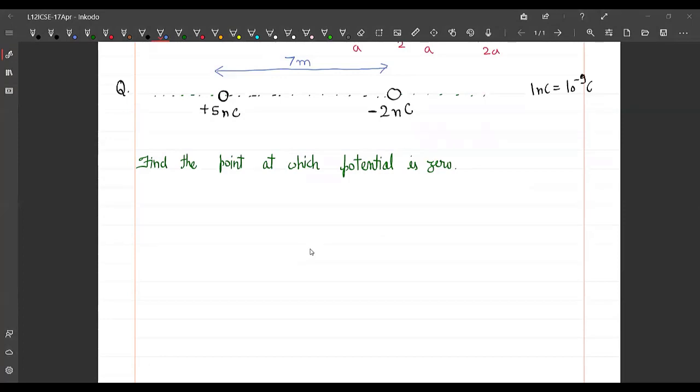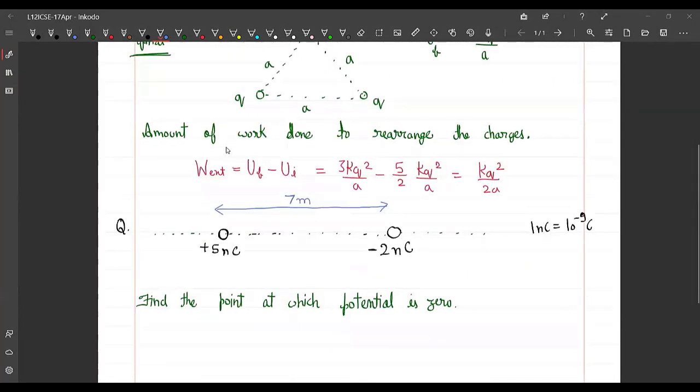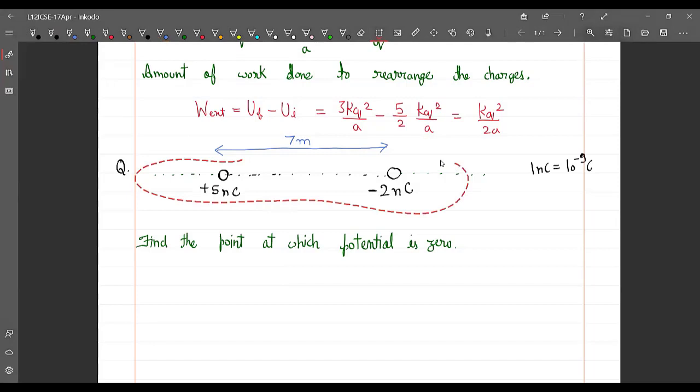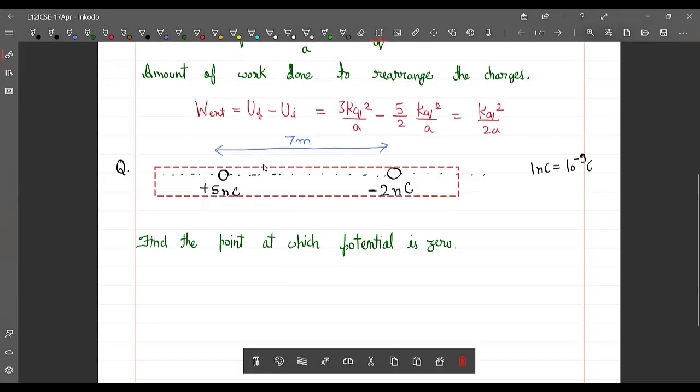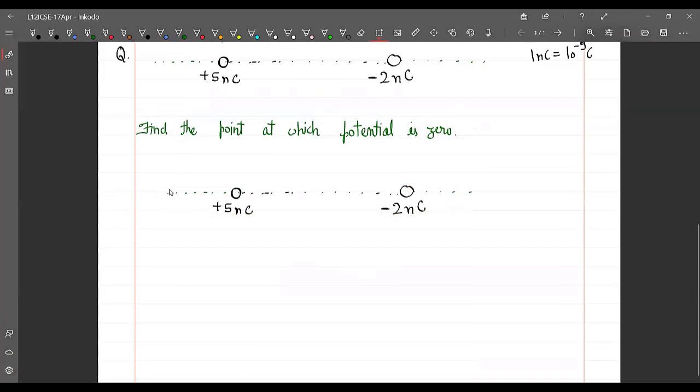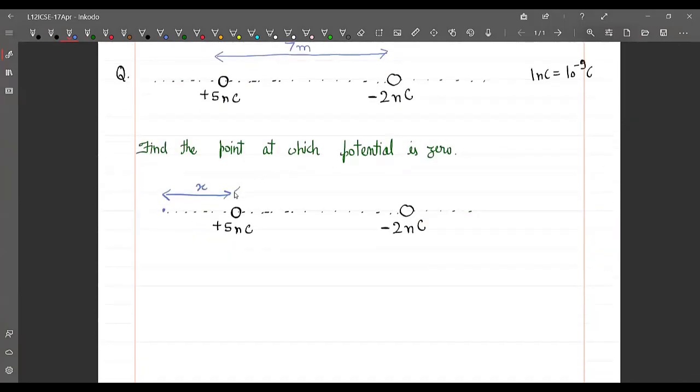So in this case, there are three possibilities. It is possible that the point lies on this side. Let us see if that is possible. Let us say this point is x meter, x distance away from it.